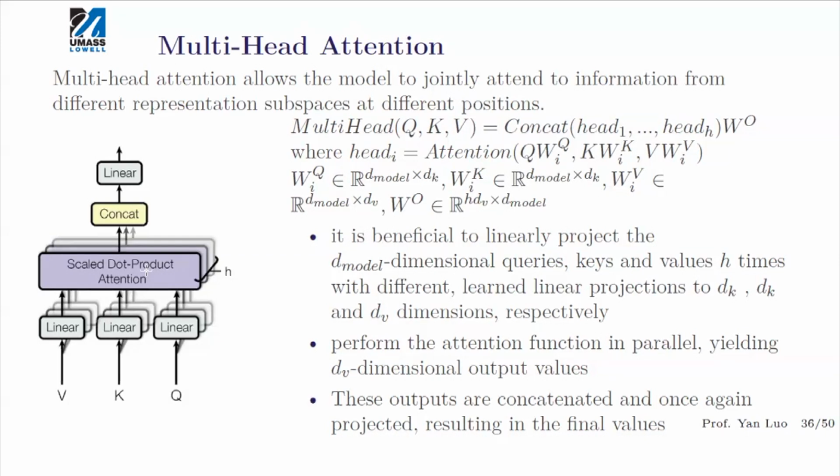Because if you only have one head, or only one copy of this scaled dot product attention, you may only capture one level of relevance. With multiple heads, you have the capability to capture other types of relevance, because these different heads operate independently.